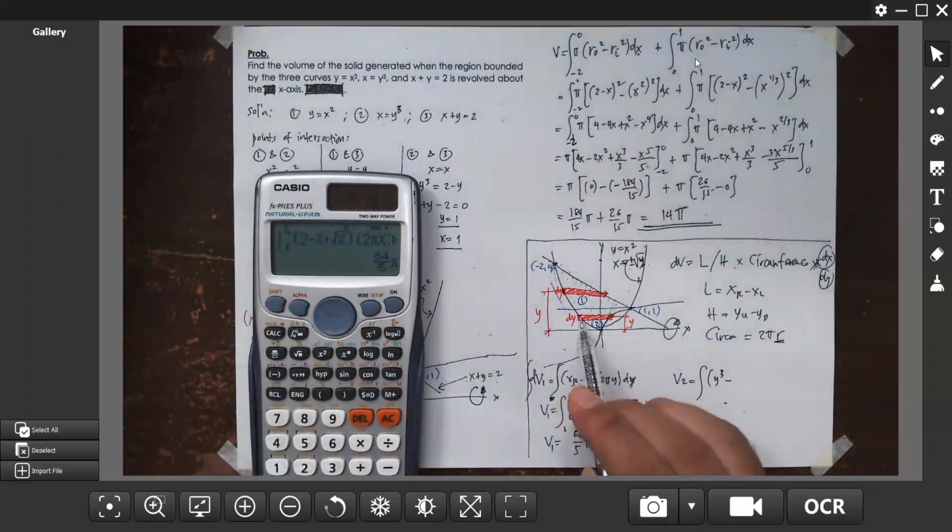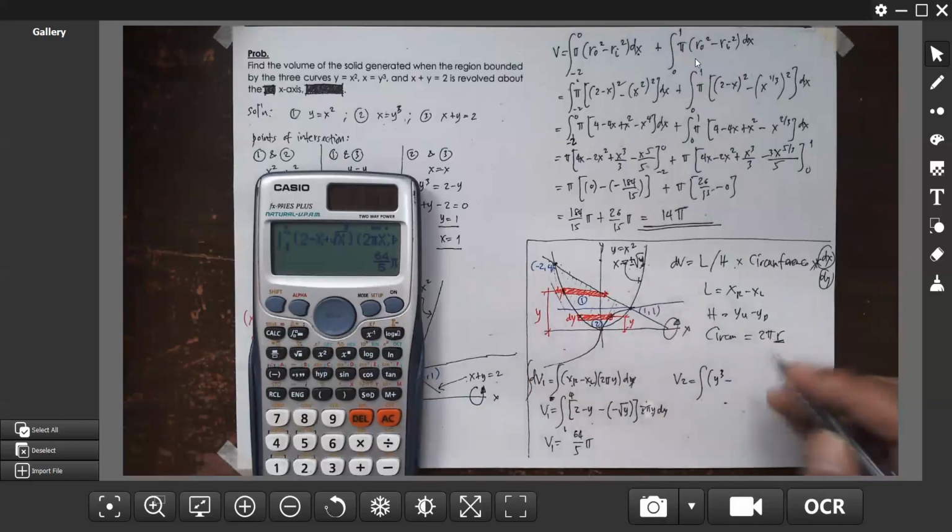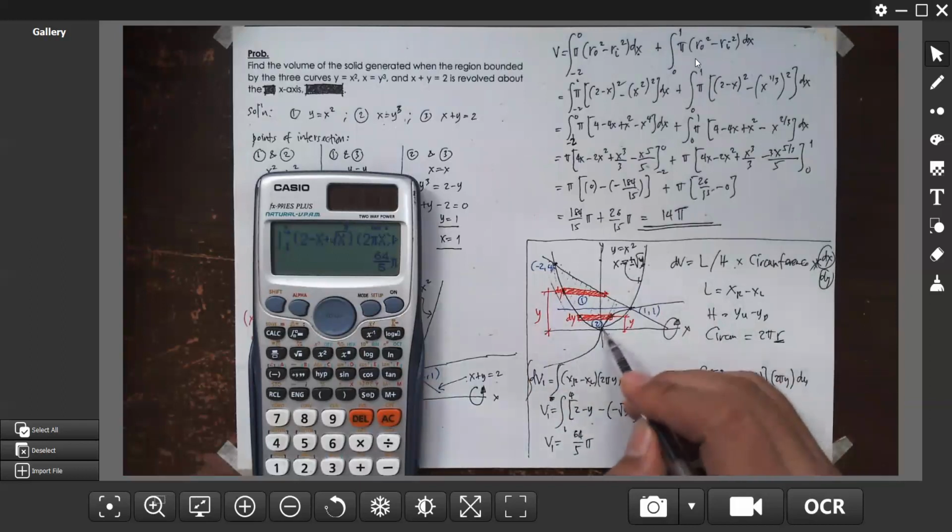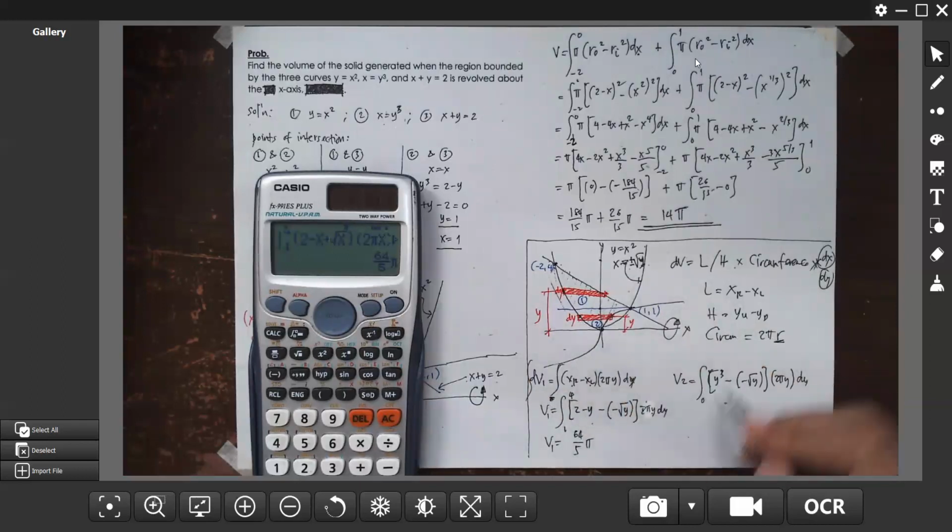Again, our x left is the parabola, but since it is in the second quadrant, minus, so that's negative square root of y times 2 pi y. So this is the length of the strip, circumference, and dy. The limit is from 0 to 1.